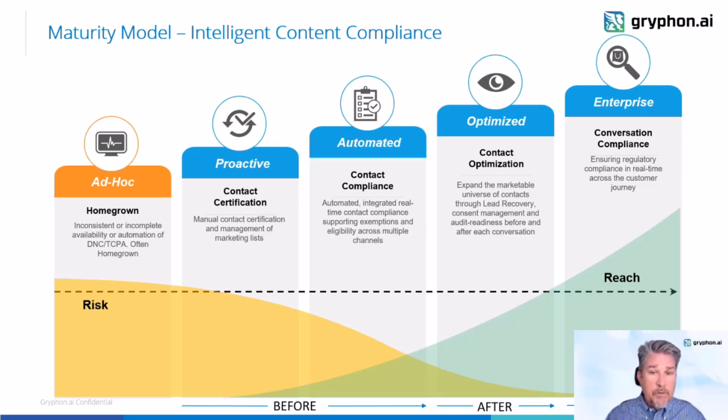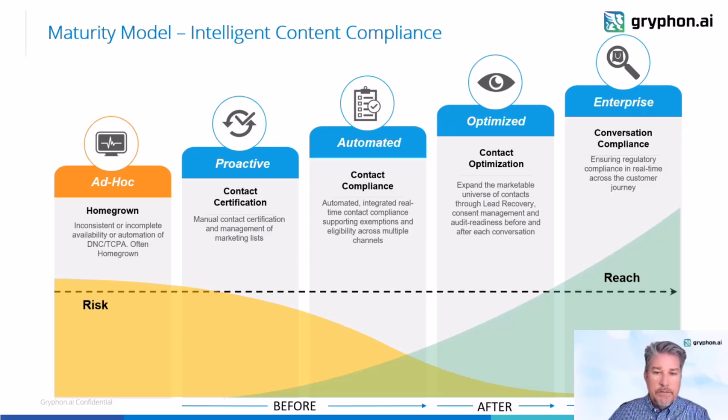They typically will do this for a line of business with database lookups. So they may check one or two regulatory databases, like the do not contact list for a state or at the federal level, or do a lookup to determine if someone is matching the TCPA regulatory guidelines. With a homegrown approach, this has to be managed and maintained and typically only supports one or two lines of business. It's not rolled out across the organization.